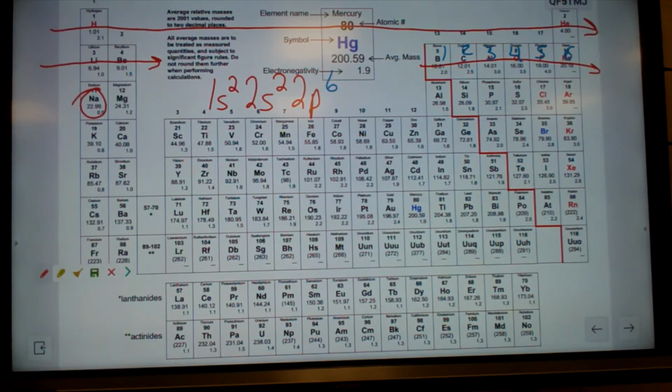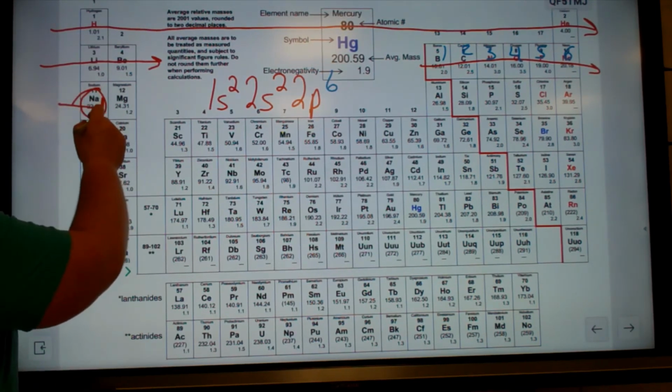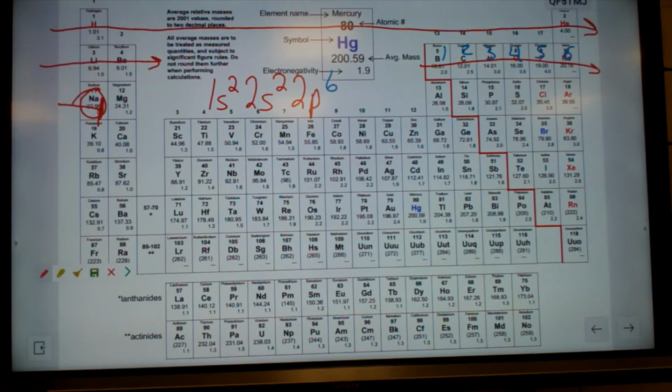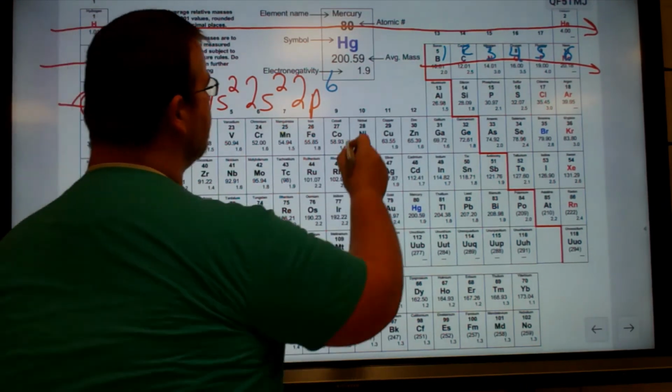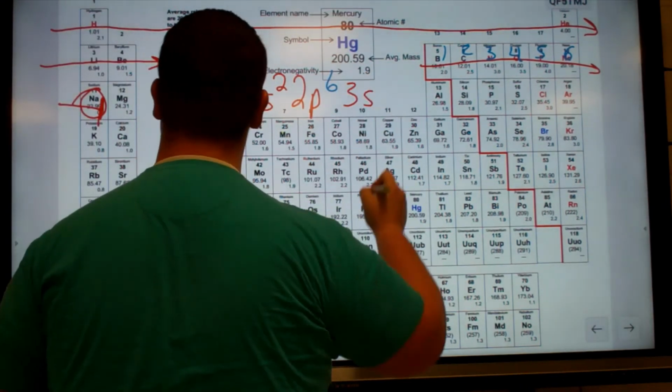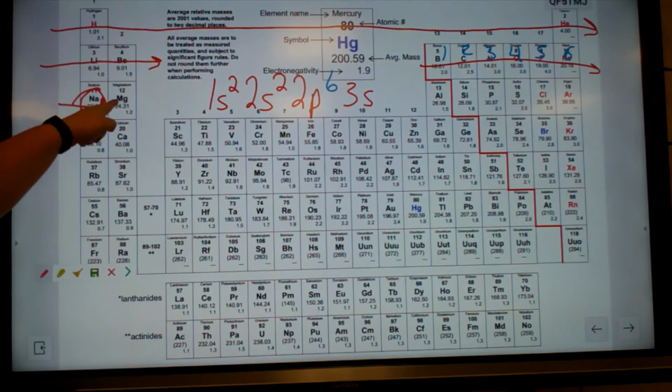Now in this, I come down again. Boom, I hit my stopping point. So I stopped here, but I went into the third row in the S block, so it's 3S. I went 1 in. I didn't go all the way through. See where we didn't go through magnesium there?